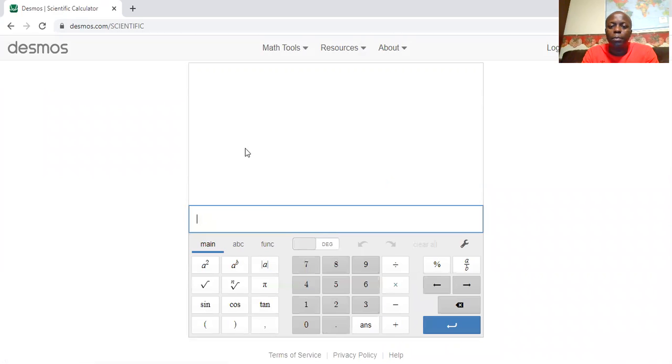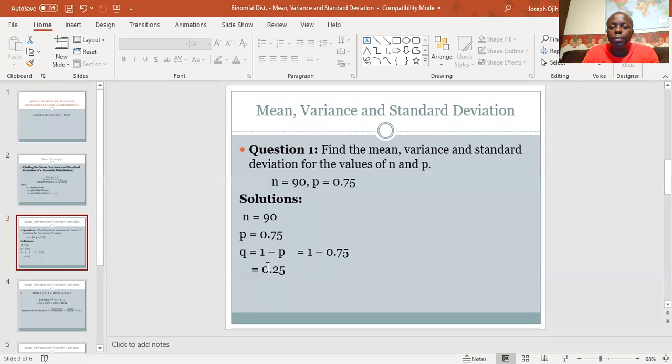You can see right here. So we are trying to do 1 minus 0.75. That gives us the answer right away. You can see the answer right here, 0.25. So that is how we get our q. And you can see it in my PowerPoint right here, 0.25.